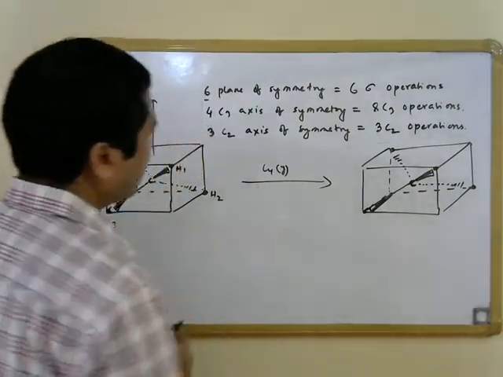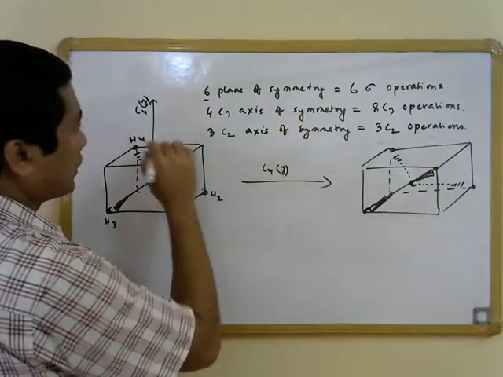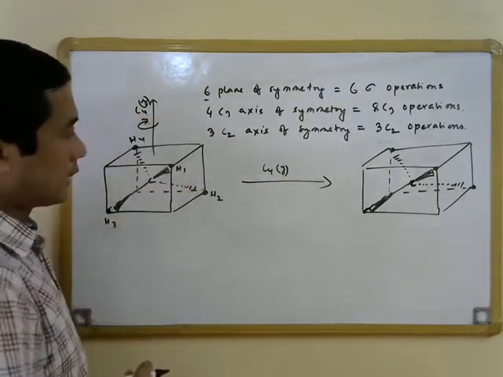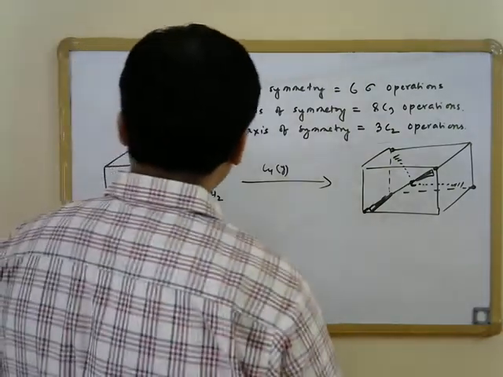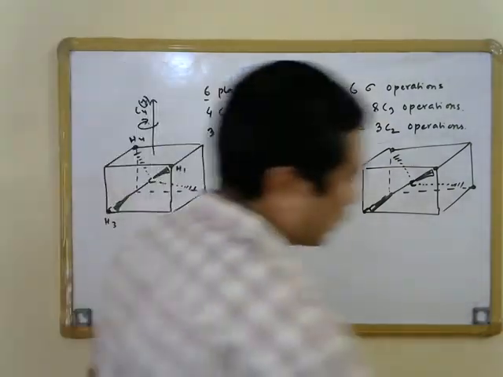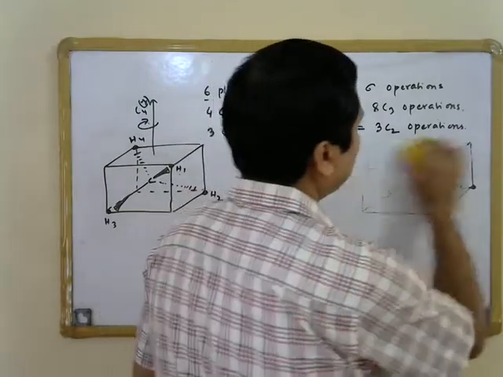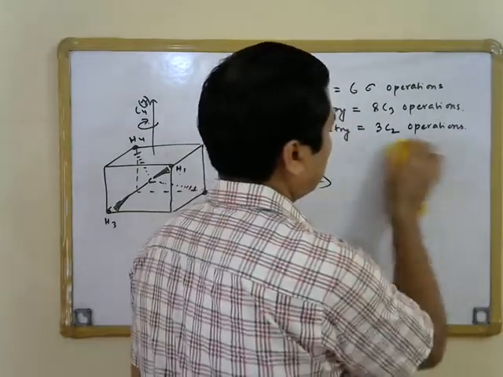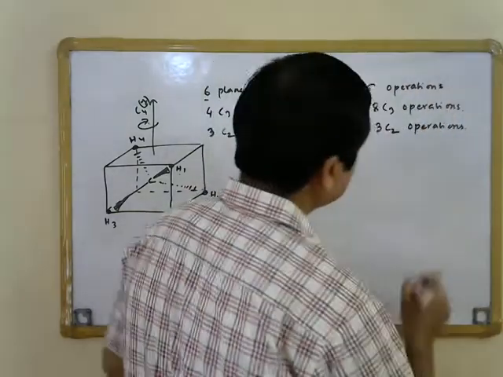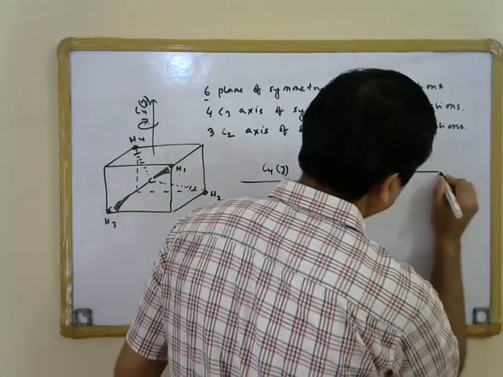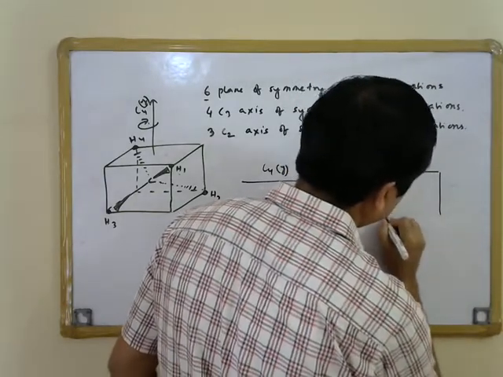So when we do C4 rotation with respect to this axis, this is not going to be the configuration over here, because the position of the hydrogen atoms are going to change now.